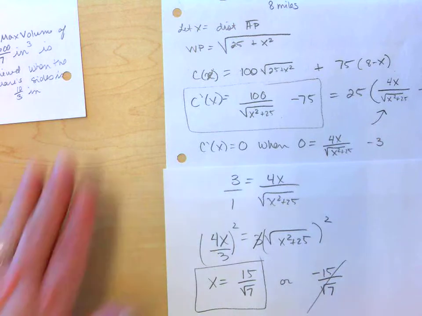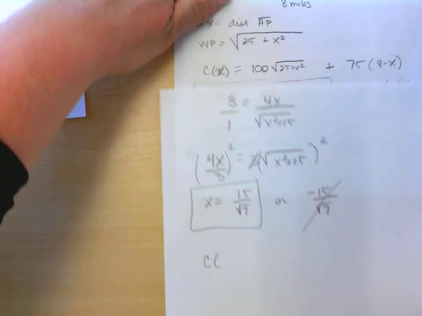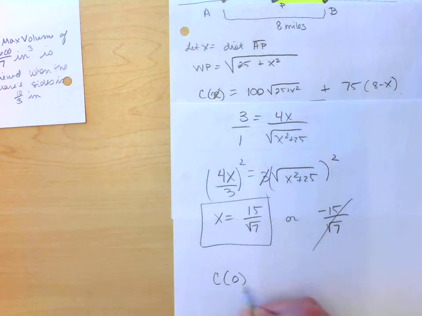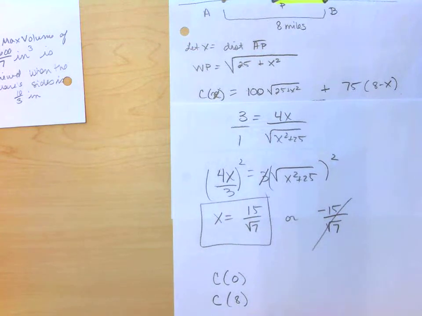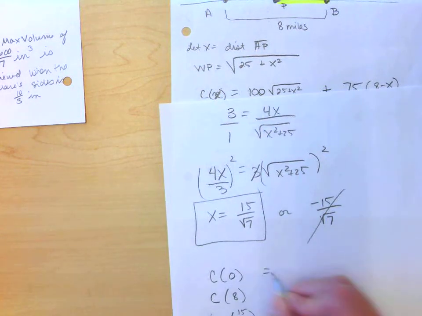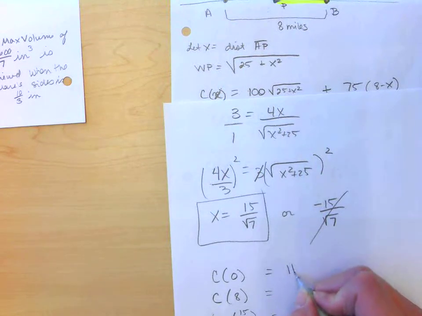We could now go back to our original function, C of x. Let me pull it up on the screen. And find C of 0, C of 8, and C of 15 over the square root of 7. The cost when x equals 0 comes to 1,100.